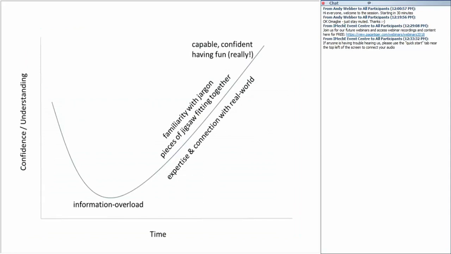This is how you might feel during this session, and certainly during the two-day finance course. Generally what happens is there's information overload, and that's simply because there are so many jargon words that are used in finance that you can't quite remember things, and that leads to confusion.